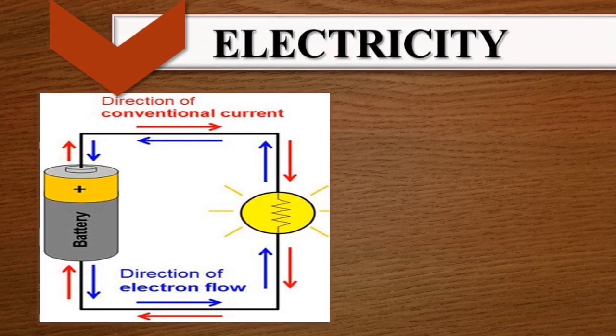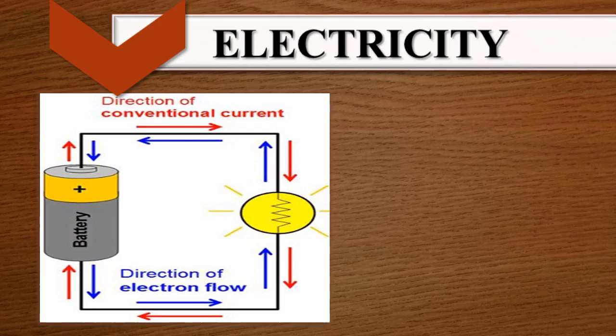After connecting the battery with such a wire, electrons start to pass from the negative side of the battery and move through the wire, and after covering the whole path, reach the positive side of the battery.